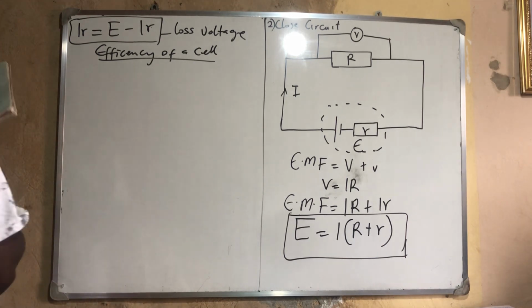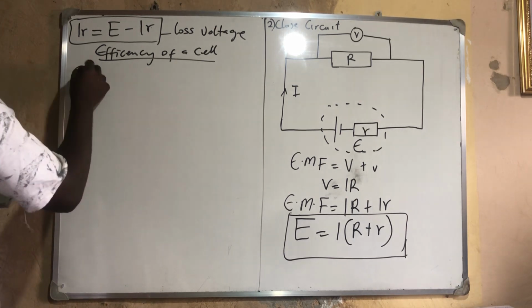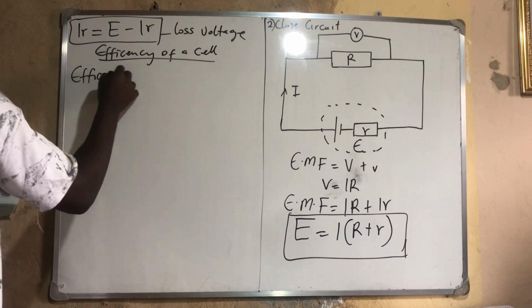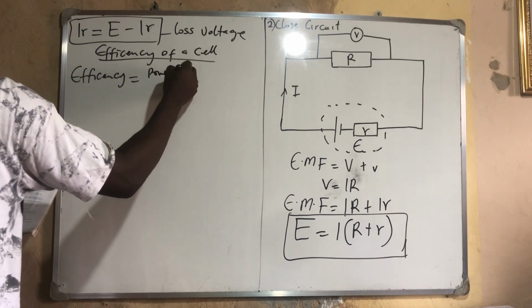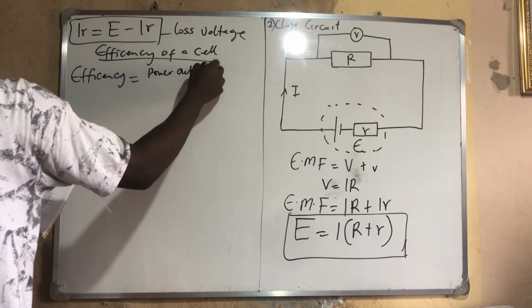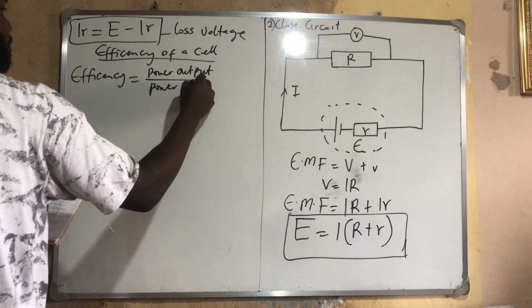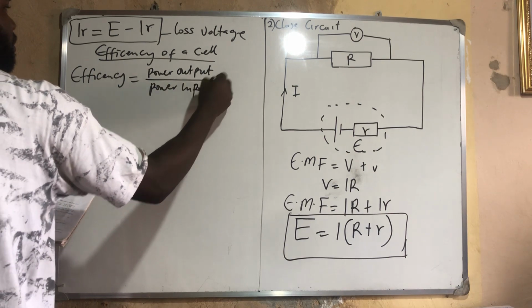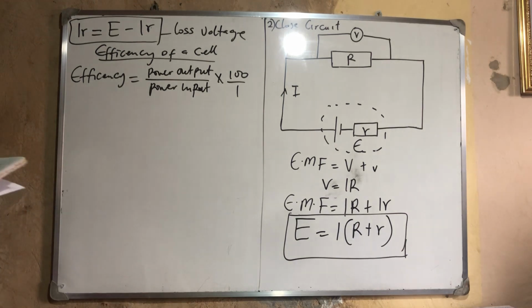So efficiency is the power output all over the power input, always measured in percentage, don't forget. So my efficiency is equal to power output over power input times 100 over 1. They are always measured in percent.